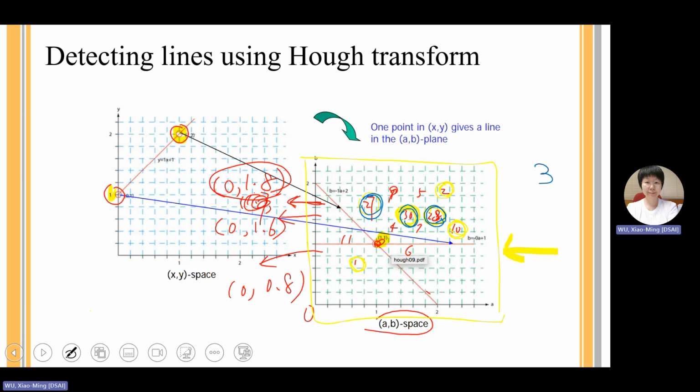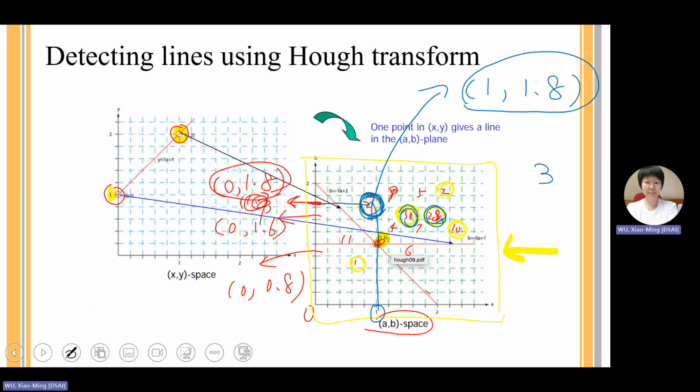Then their corresponding AB values, for example, for this cell with 27, the A value is 1. The AB value for this cell is A being 1 and the B value should be 1.8, for example.